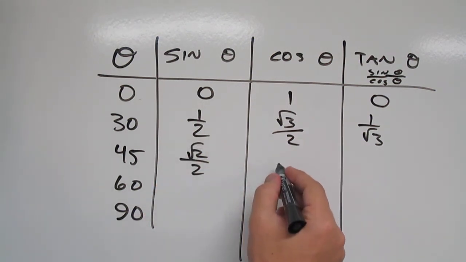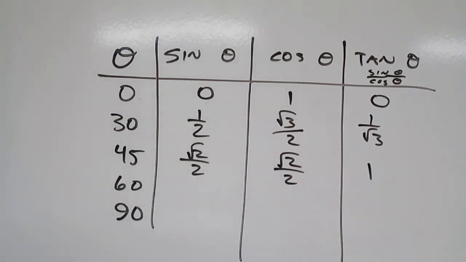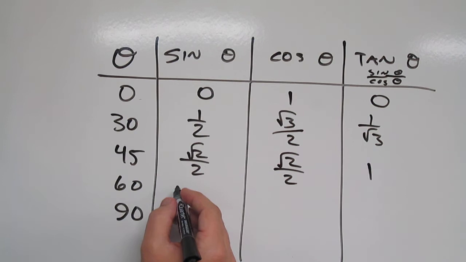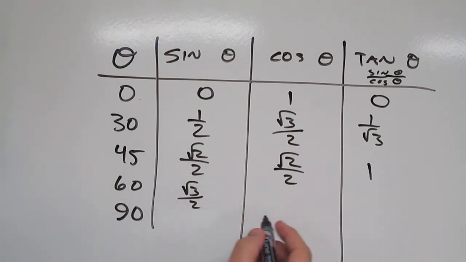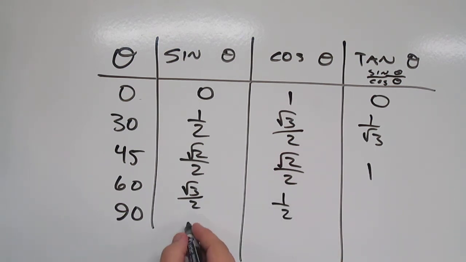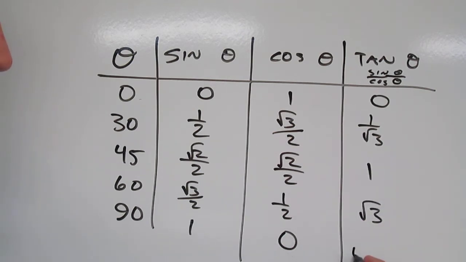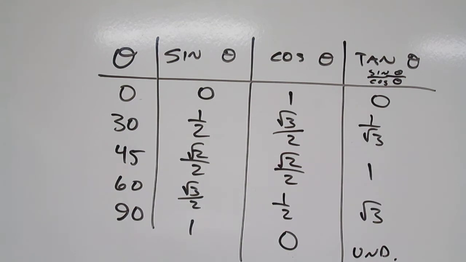Sine and cosine of 45 degrees are both square root of 2 over 2, so the tangent is 1. The sine of 60 is square root of 3 over 2, and the cosine is 1/2, so the tangent is the square root of 3. And then the sine of 90 is 1, and the cosine is 0, so the tangent is going to be undefined because I cannot divide by 0. Just for the sake of plotting these, I want to have a decimal equivalent.